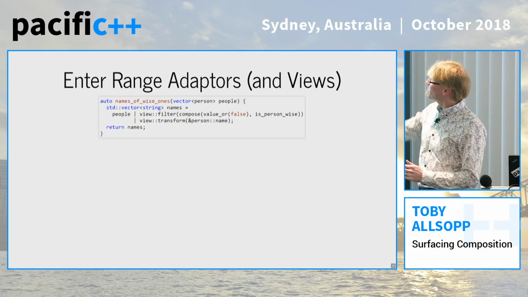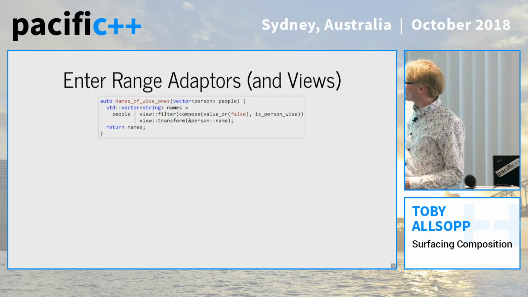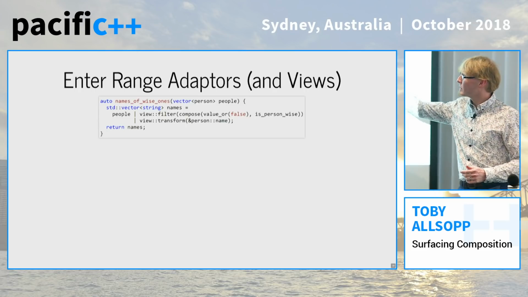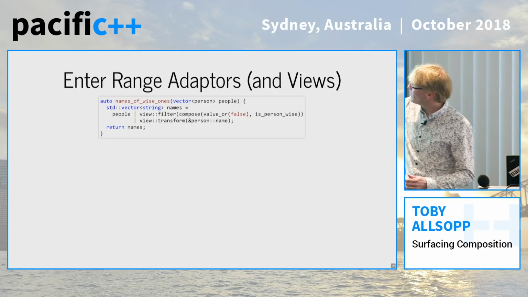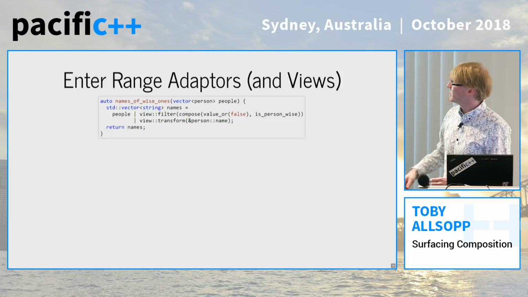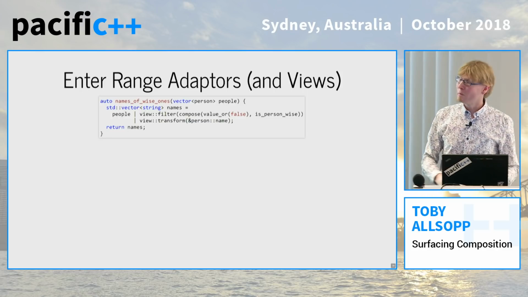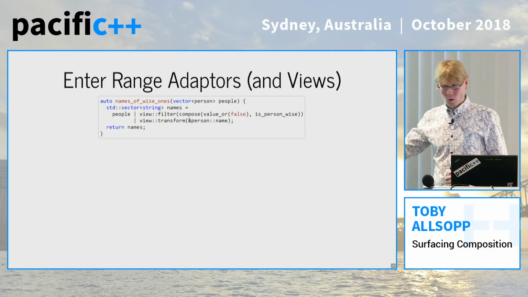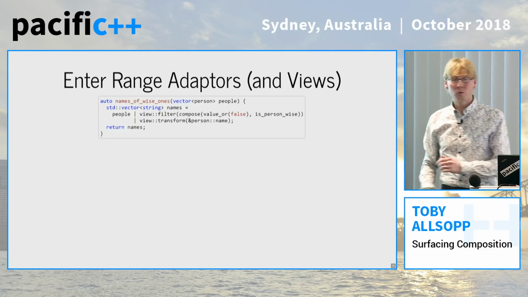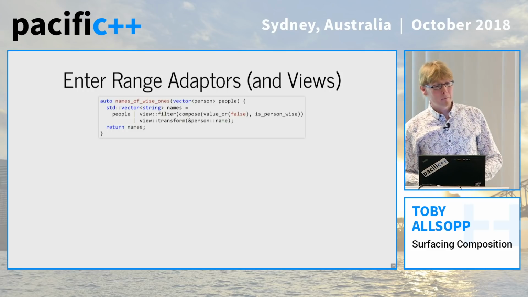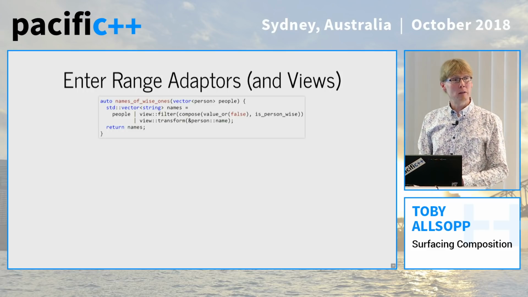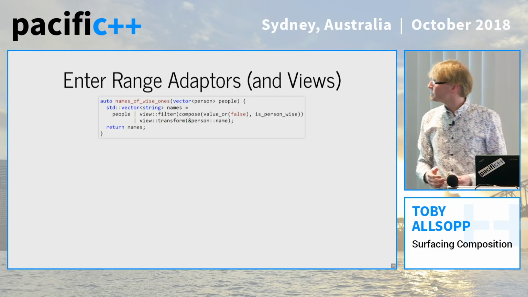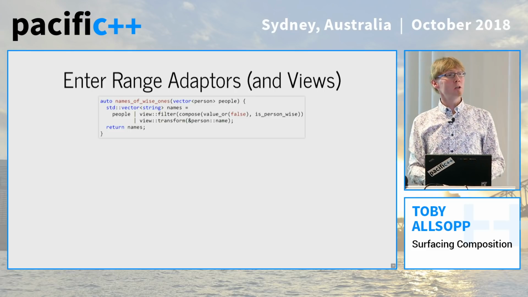So what this is saying is we're creating a filter range adapter here that then gets people piped into it, as in passed as a parameter, essentially is what happens. What that does, people piped into view filter, gives us a lazily evaluated view. The lazily evaluated view doesn't actually do anything until you ask for elements.